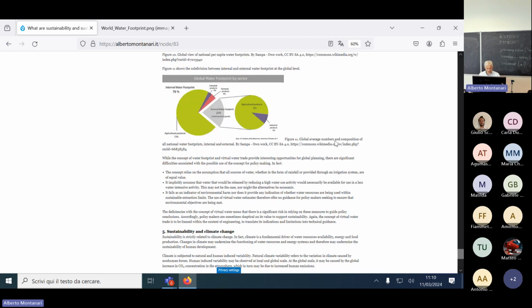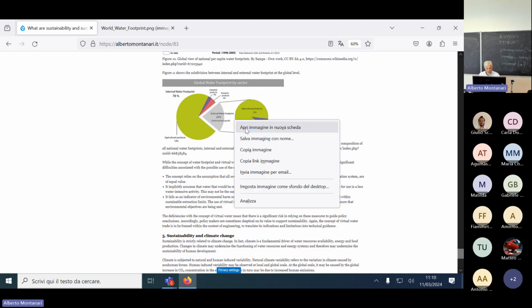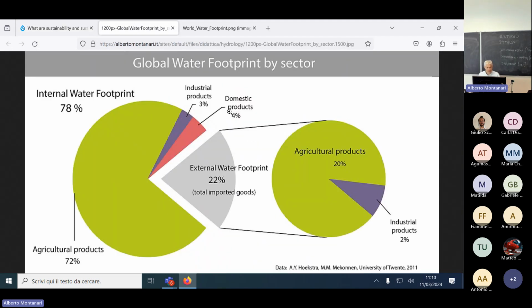What is interesting is to look at this. This is the global water footprint by sector. What you can see here is the internal water footprint is 78% at the global level. Agricultural products are 72%. It's in line with the percentage of 70% that I indicated to you earlier.